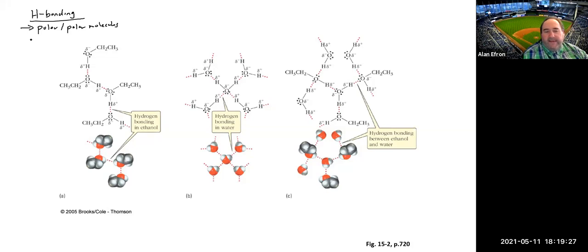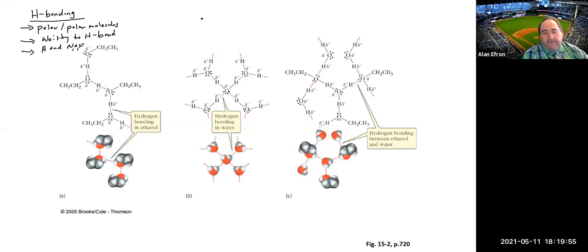What makes it have the ability to hydrogen bond is that we need a bond between hydrogen and nitrogen, oxygen, or fluorine. So it's got one of those three bonds happening.